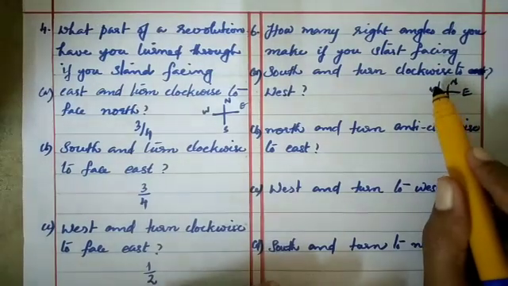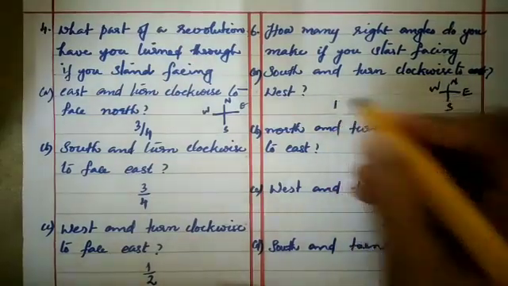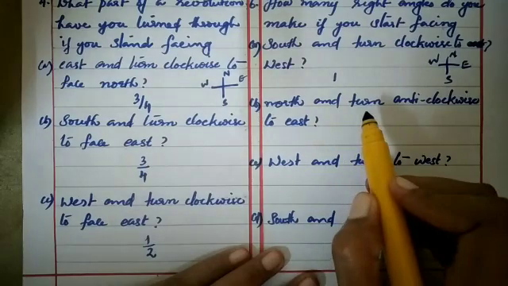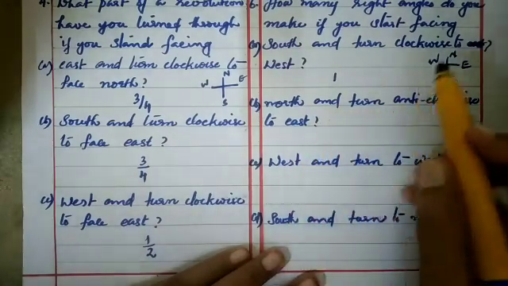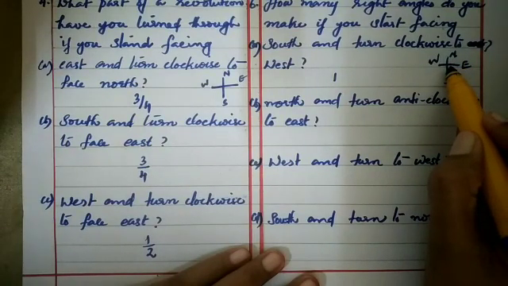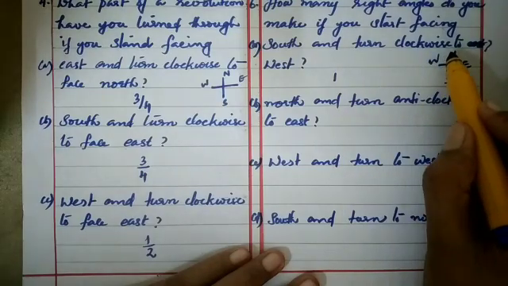South to west, how many right angles? South to west is only 1 right angle. Then again, B question. North and turn anti-clockwise to east. So here anti-clockwise. North to east, east to south, south to west, then west to north is the clockwise direction.